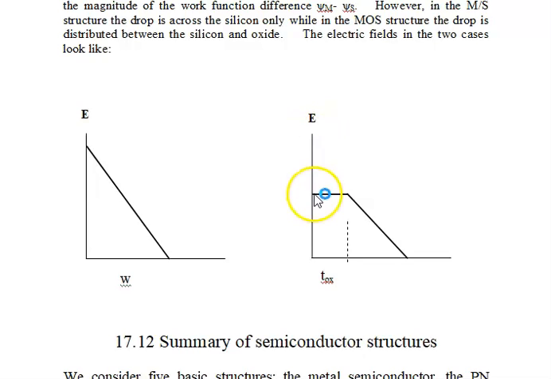And notice that the electric field is constant in the oxide. And that again is because the oxide is assumed to have no volume charge at all. That's not quite the case, but in the ideal situation, we would like the oxide to have no charges, no ions.